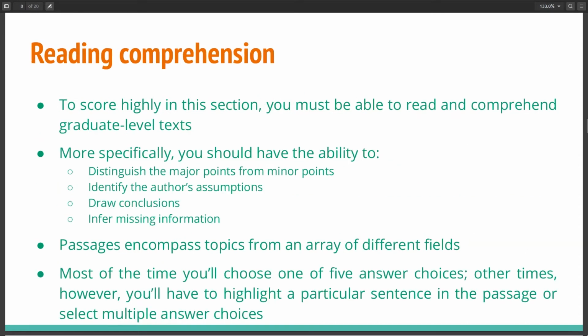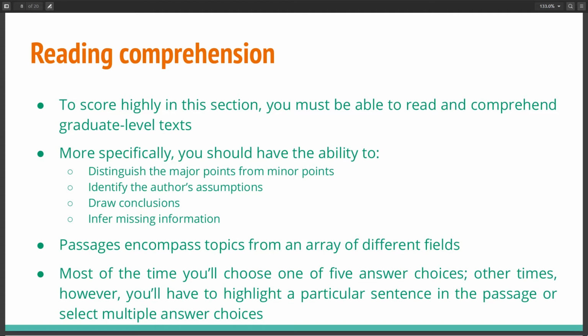Okay, next, the last type is the reading comprehension type. Like I said before, you will have to read and comprehend graduate level texts or dense passages to be able to score in this section. So you will have to draw conclusions, infer information, identify the assumptions, or distinguish the major points from the passage to be able to score.